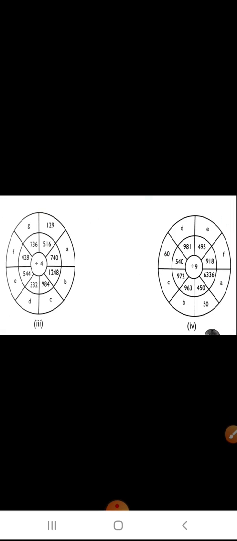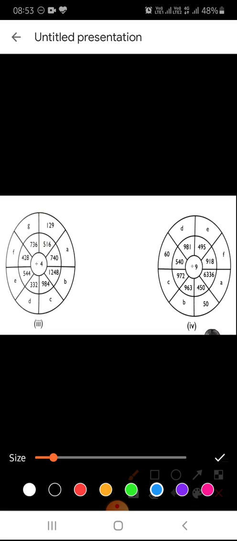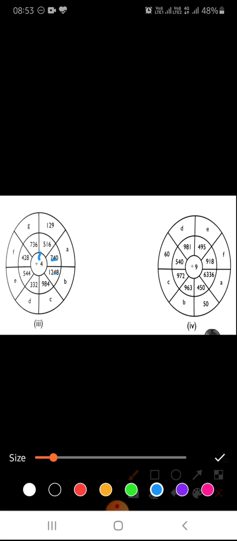Now the next one, two more parts are given. In this part you have to divide these numbers by 4. These all numbers you have to divide by 4 and write the answers in the given columns. Here in the same way you have to divide by 9.